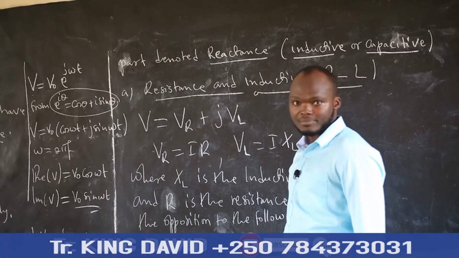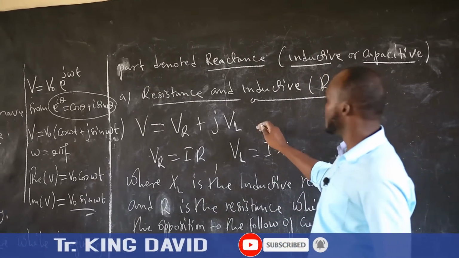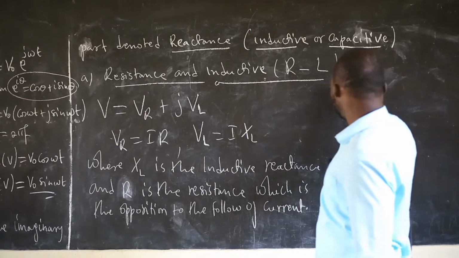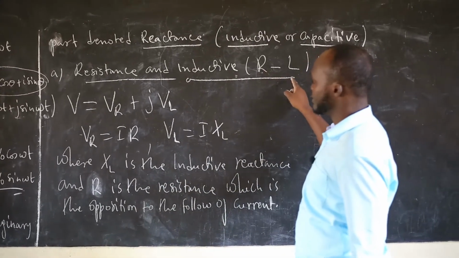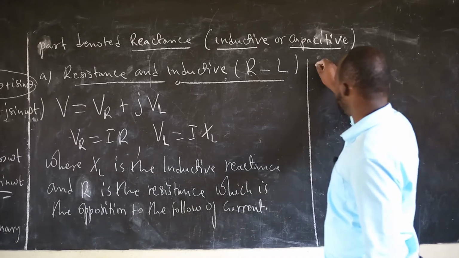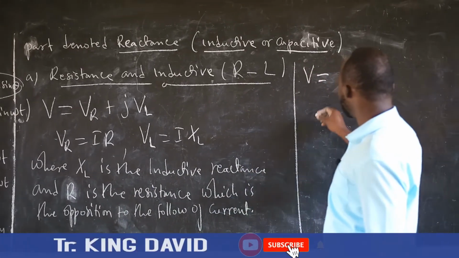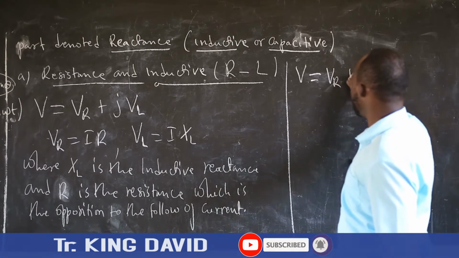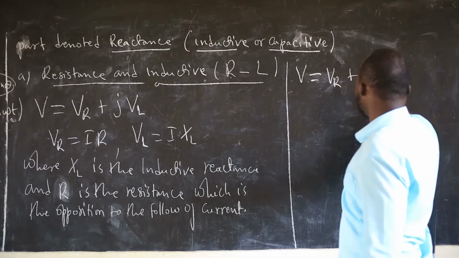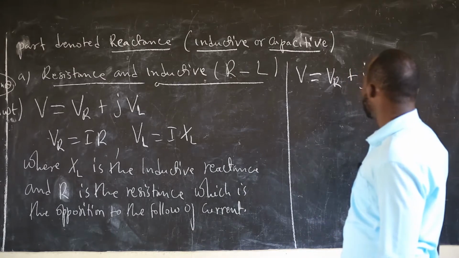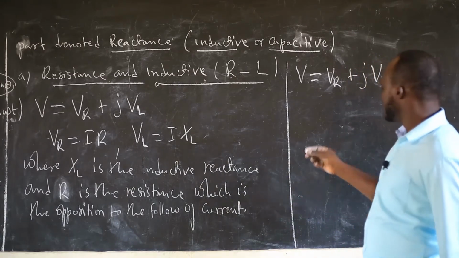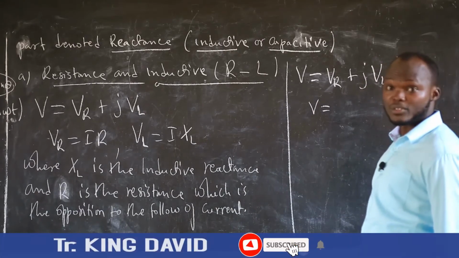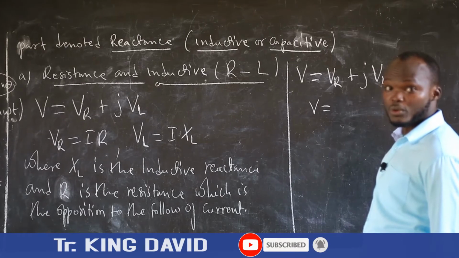So we have part A, where we have in the circuit resistance and inductive. So when our circuit contains resistance and inductive, we have the equation V equal to VR plus j VL. Now, you know that voltage is directly proportional to the current.